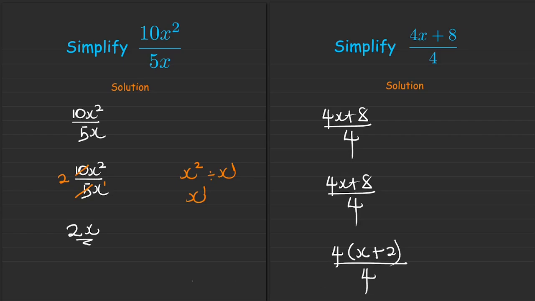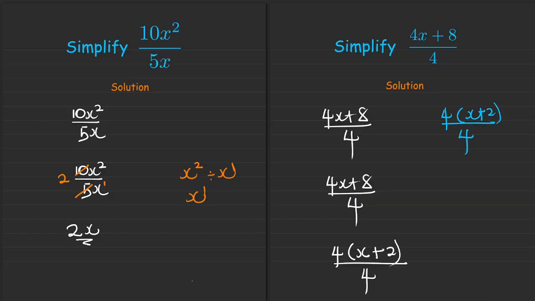So it is this that we can now say we want to cancel out. Why? Because we have 4 times x plus 2 all over 4. The operation in between is multiplication. So that is what allows us to say 4 is a factor of this expression, and x plus 2 is also a factor of this expression. So with that, we need to now do our cancellation.